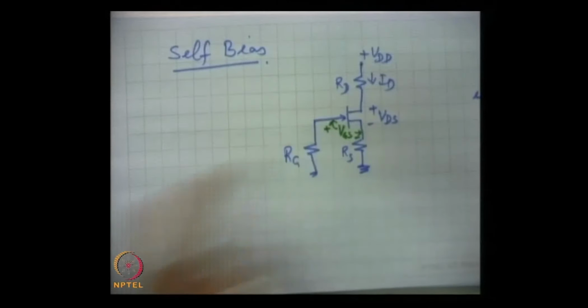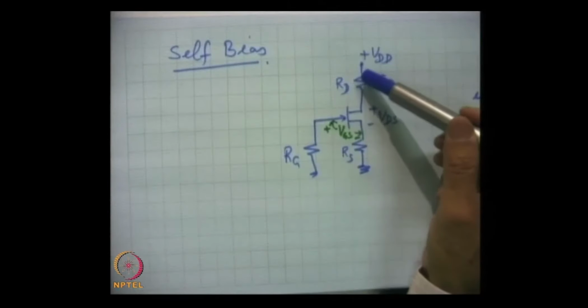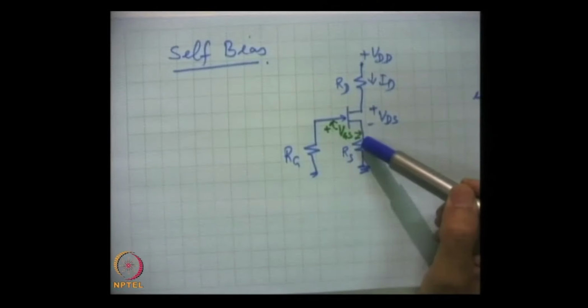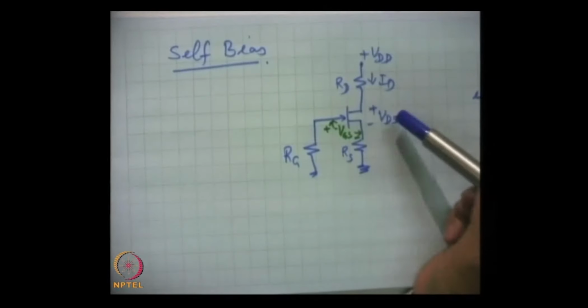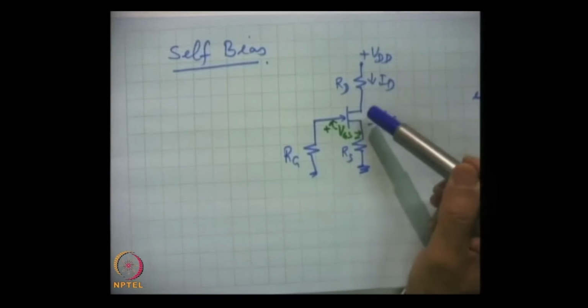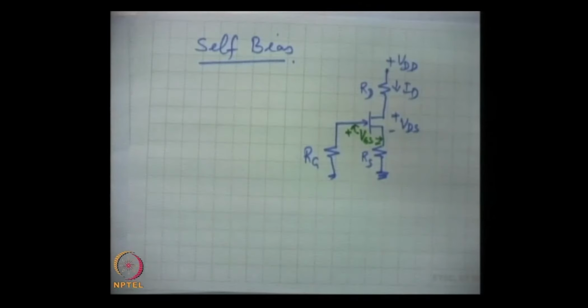Now, here ID, the drain current, flows through this resistance, drain resistance RD, and this is the voltage drop between drain and source.